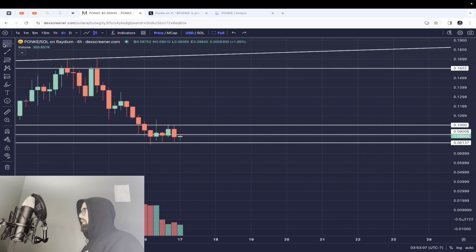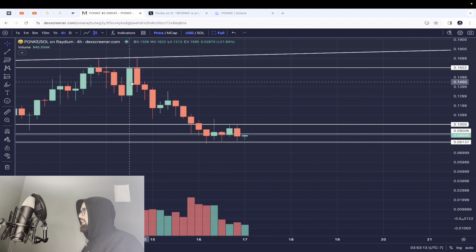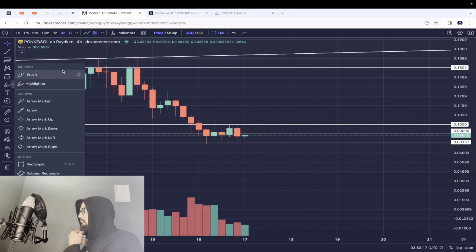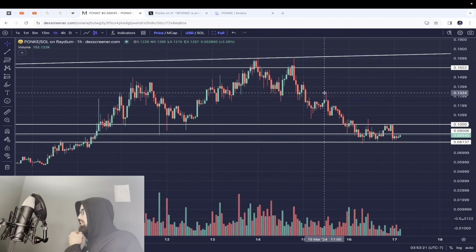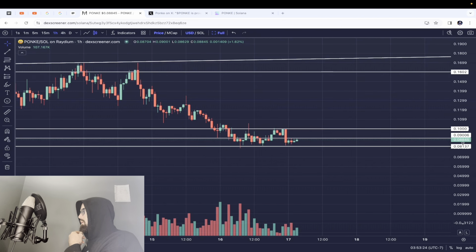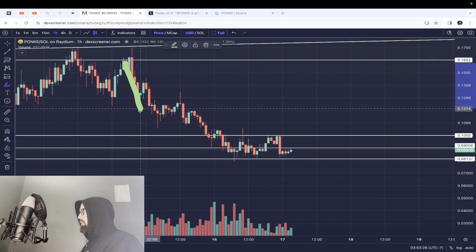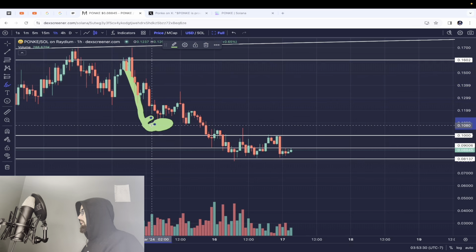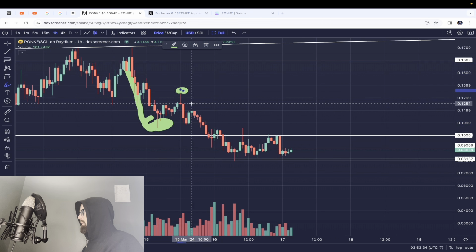Now, if you look at different time frames, your higher highs and higher lows are going to be in different locations. So for example, this is the 4-hour, but if we break it down to the 1-hour, you got this lower low right here. Kind of a lower high right here with that wick, but not really.